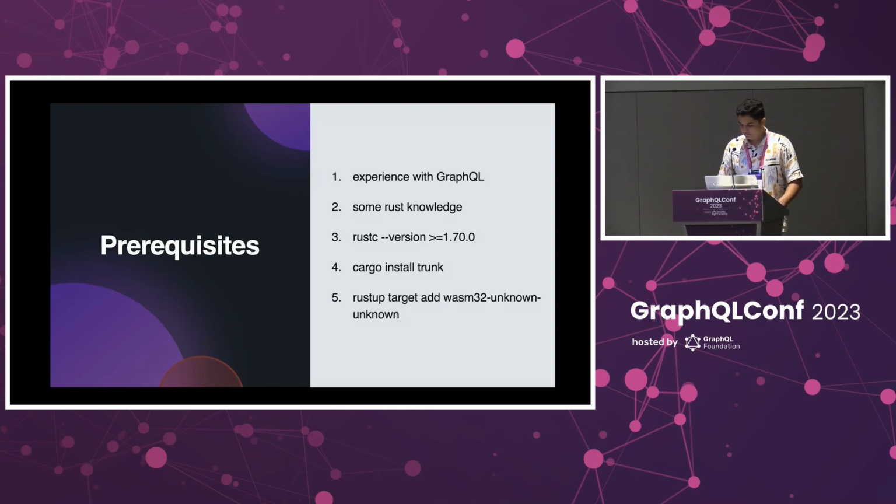You have to install Trunk, which we're going to discuss later, and the WebAssembly toolchain. Unfortunately, I wished we could do a code-along session, but I'm not sure that would work because the internet here is not going to be that good. But feel free to follow along.